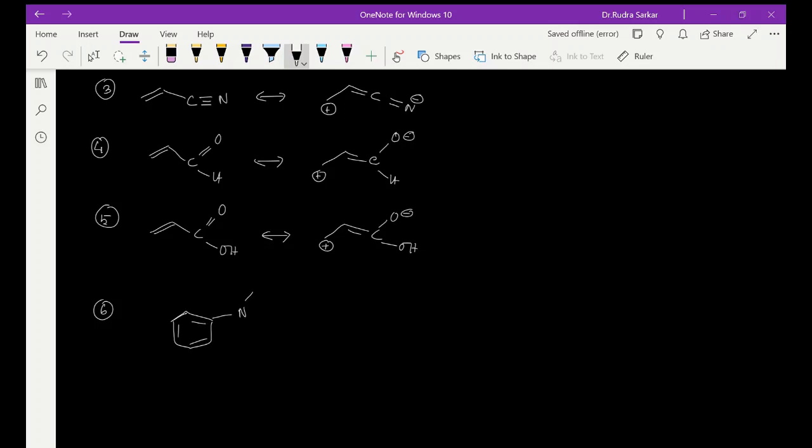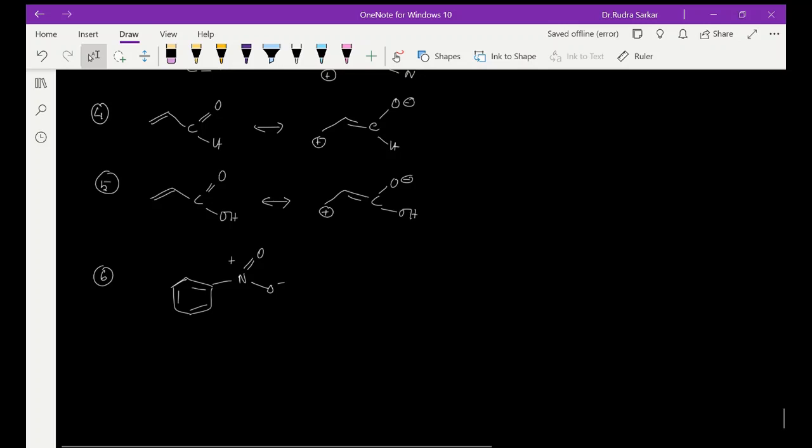to groups when they are attached to the benzene ring. Okay, so out here one can think like this. There is an electron movement and the corresponding resonating structure is going to be as follows.